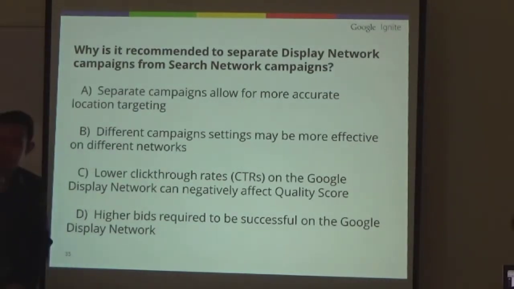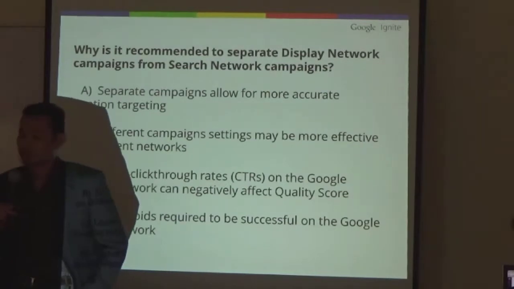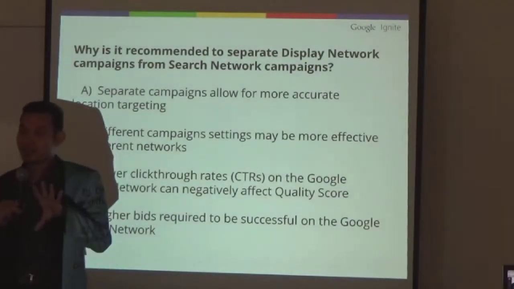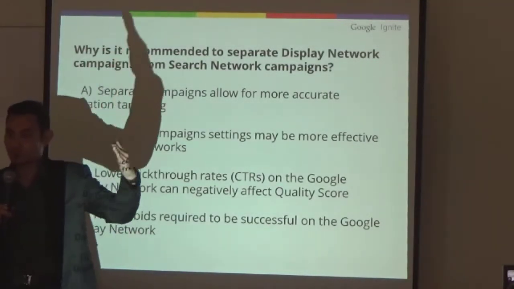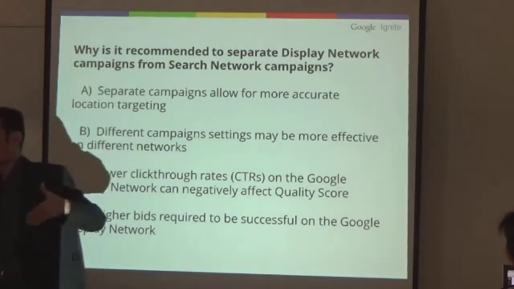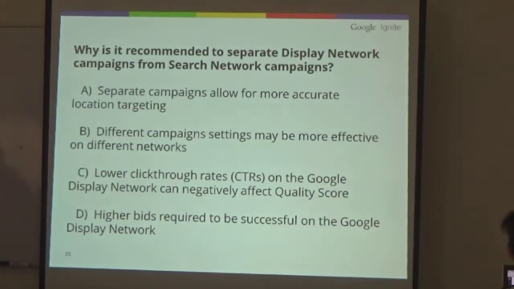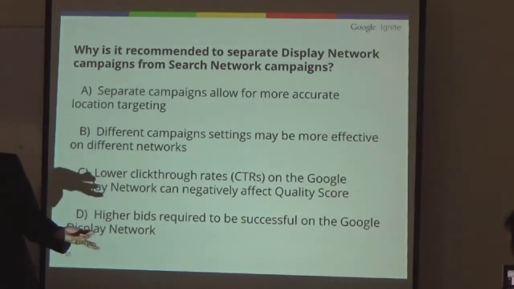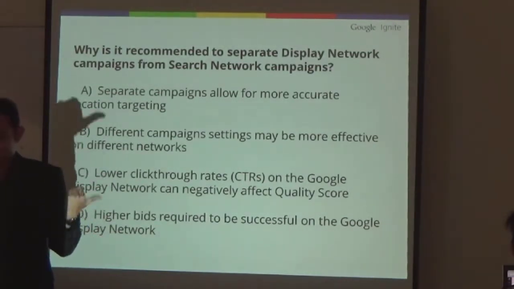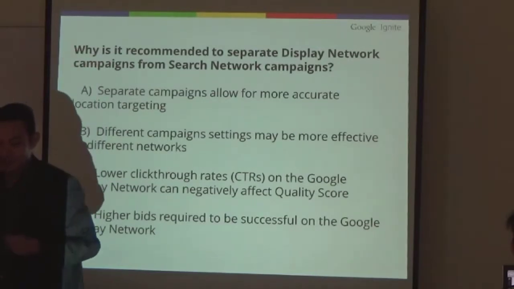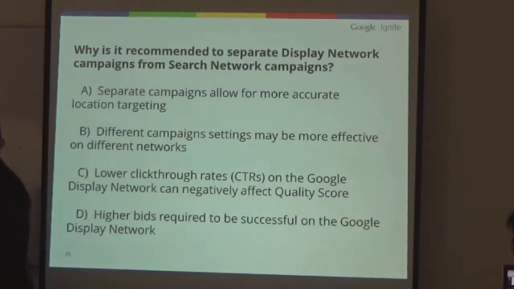B. Different campaign setting can be more effective on different network, meaning search, one setting that you want to pre-qualify, you want to insert in your target, and display also another set of different setting. B. True or false? How about C? Come on, guys, C. Lower CTR on Google display can negatively affect quality score. Or D. Higher bids required to be successful.